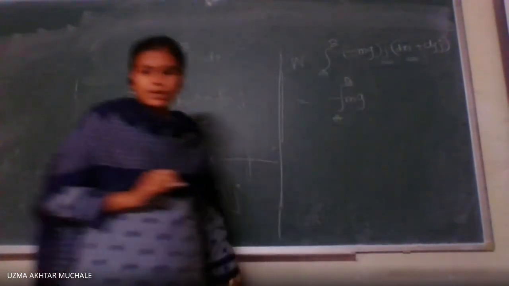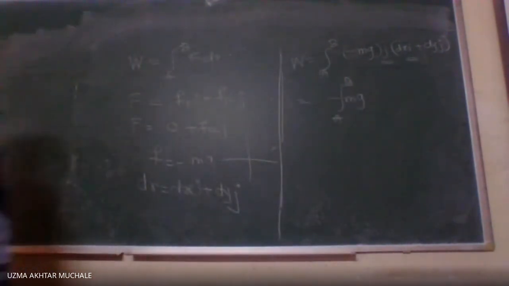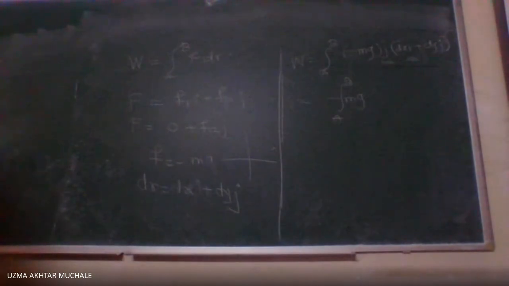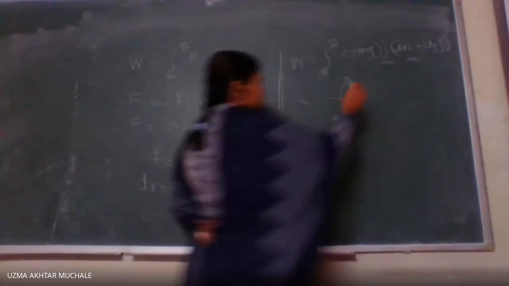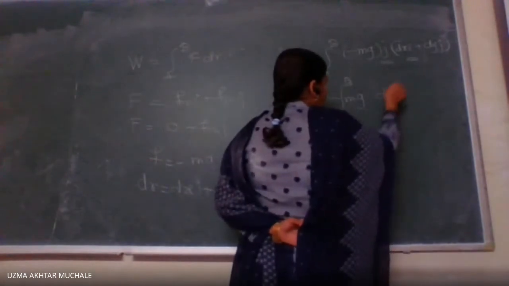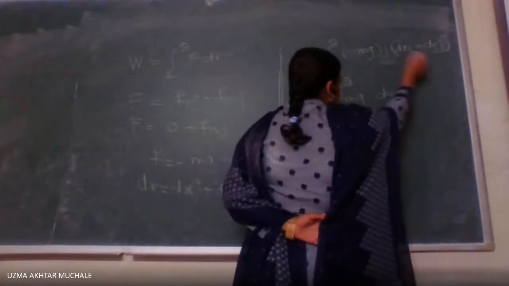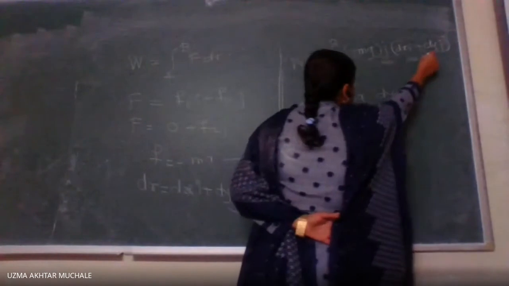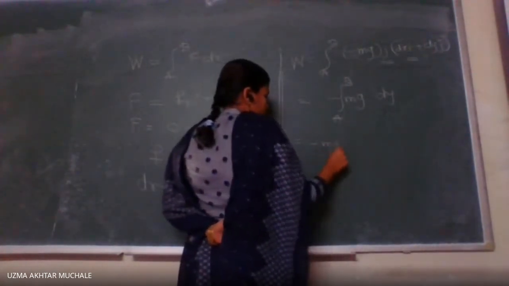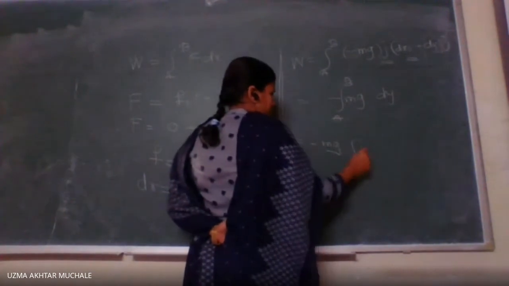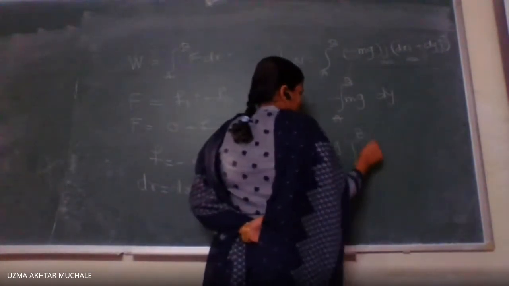What is the resultant of this? Mass and g both are constant, and this dy as it is. So minus mg, both I can take outside, both are constant, integration a to b dy.